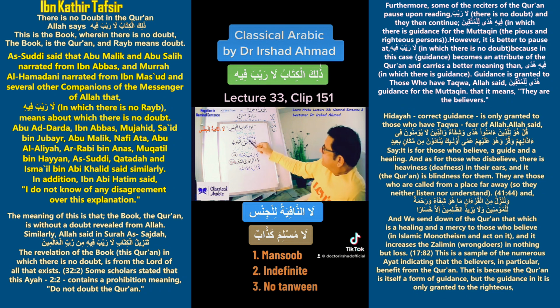And where do we get that from? If we look at this noun, we'll see this noun is in nasab. This noun is nakira. And this noun does not have tanween either. So if la is followed by a noun with these qualities, with these characters, that the ism will be in nasab, nakira, and without tanween, that la will be la nafiyatu lil jins.